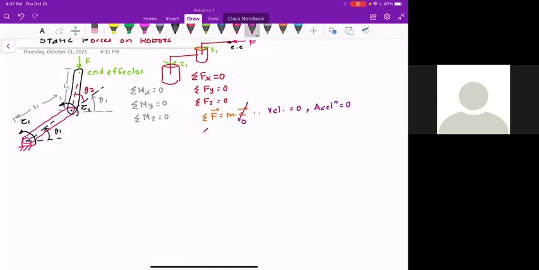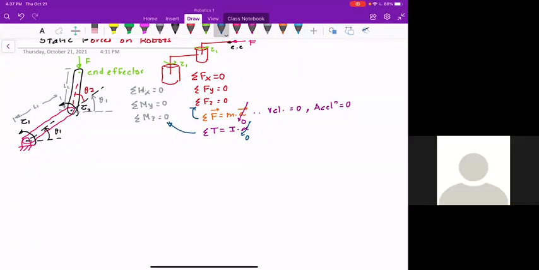And the other equation, summation of torques is equal to I times alpha. In this case, alphas are 0, and these two equations, the summation of force equation and the summation of torque equation, are represented like this.